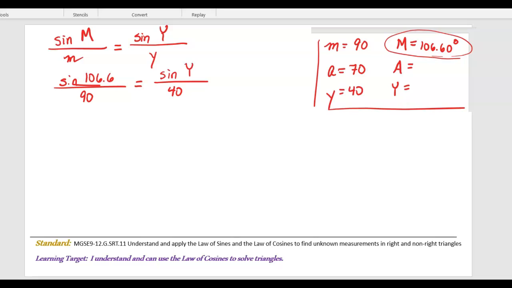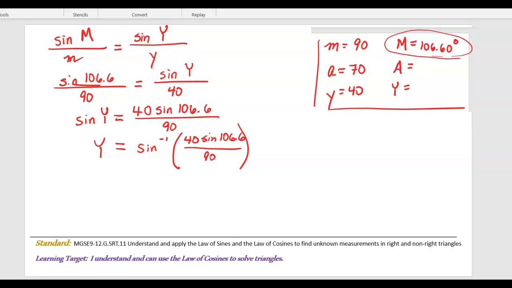We cross multiply and divide, so sine of y equals 40 times sine of 106.6 over 90. Therefore y equals sine inverse of that, which gives me approximately 25.21 degrees. So angle y is 25.21 degrees.